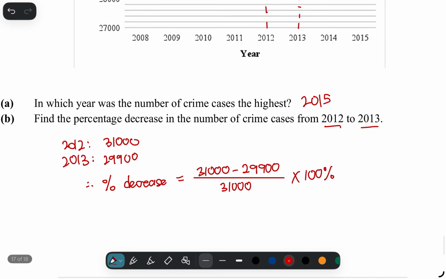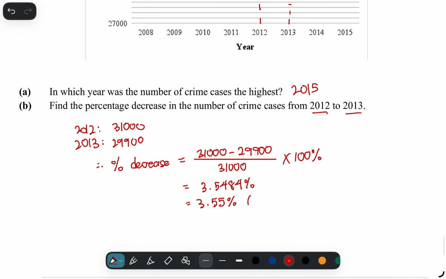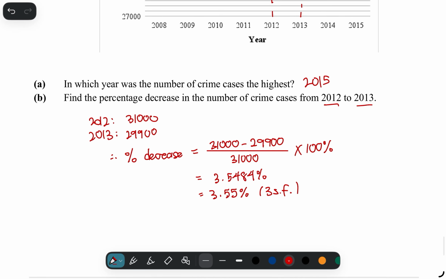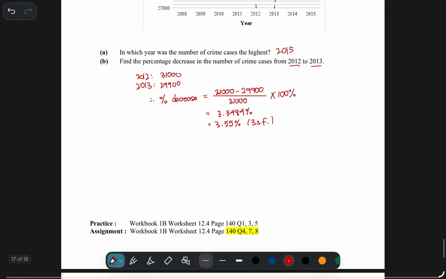This is the formula for percentage decrease. Your final answer should be 3.5484%. I round off to 3SF, so I should get 3.55%. This is rounded off to 3SF. Alright, so this is how you can read a line graph based on the information given to you.